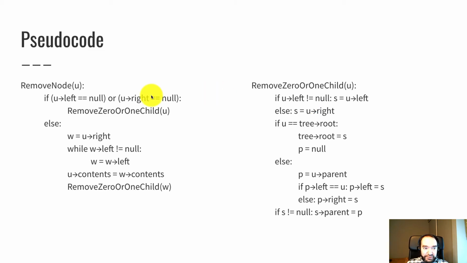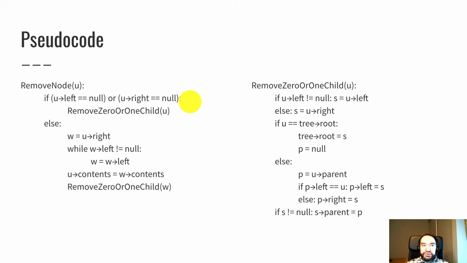We're kind of drilling down one step at a time here. So now I've got that text described in pseudocode. So remove node is given a pointer u. U is a node that we want to take out of the tree. And here we're deciding if u has 0 or 1 children or not. So if u's left pointer is null or u's right pointer is null, that means that one or both child pointers are null.